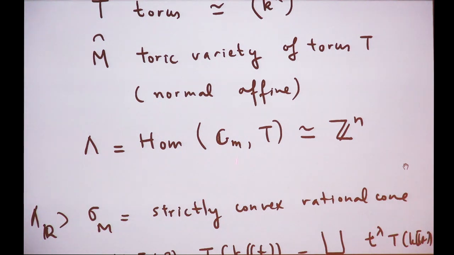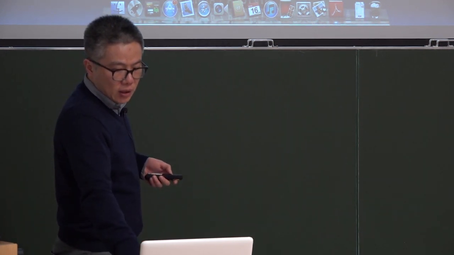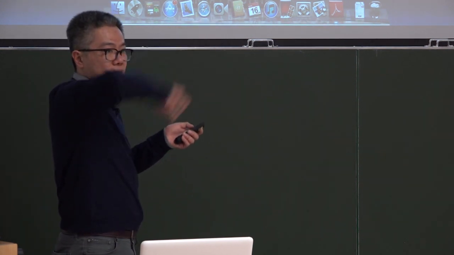Basically, those homomorphisms from G_m to T that can be extended into a map from the affine line to the toric variety. So it gives some cone. And the condition is that it has to be a strictly convex cone. There's no line inside that cone.